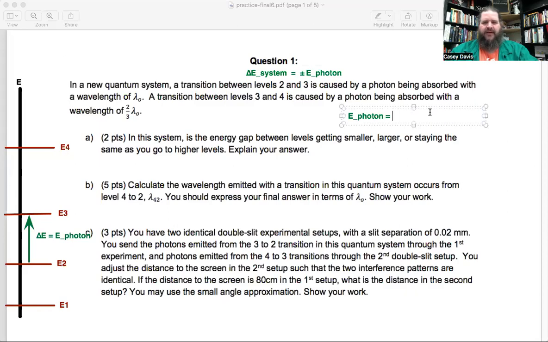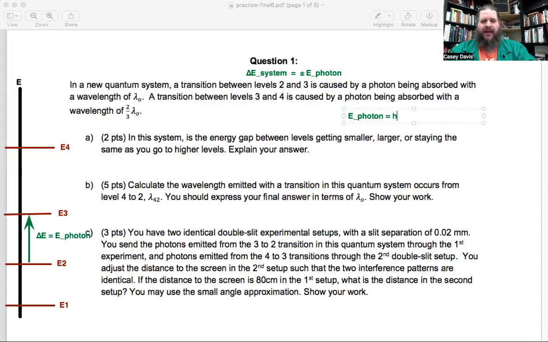The general idea there is that the energy of the photon is proportional to the frequency. That is, light with higher frequency, more towards the blue end of the spectrum, is going to have more energy per photon. And light with lower frequency, more towards the red end of the spectrum, is going to be less energy per photon. And proportional to frequency just means it's going to be some constant times frequency.